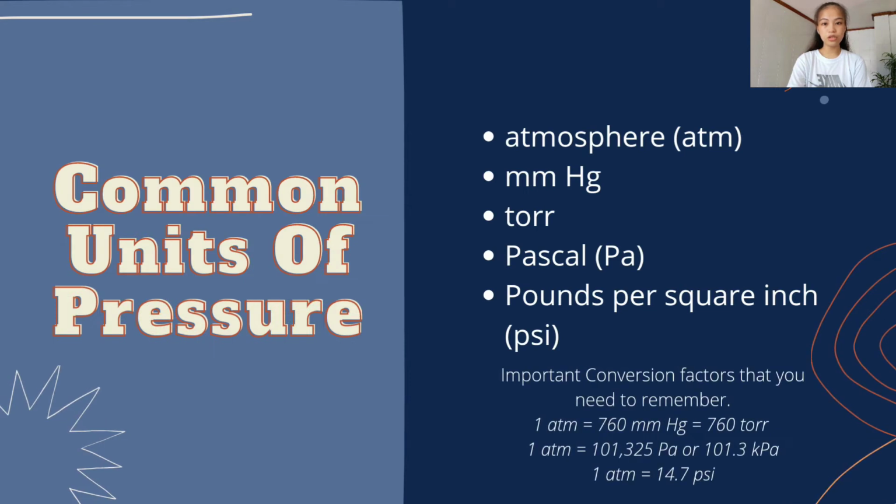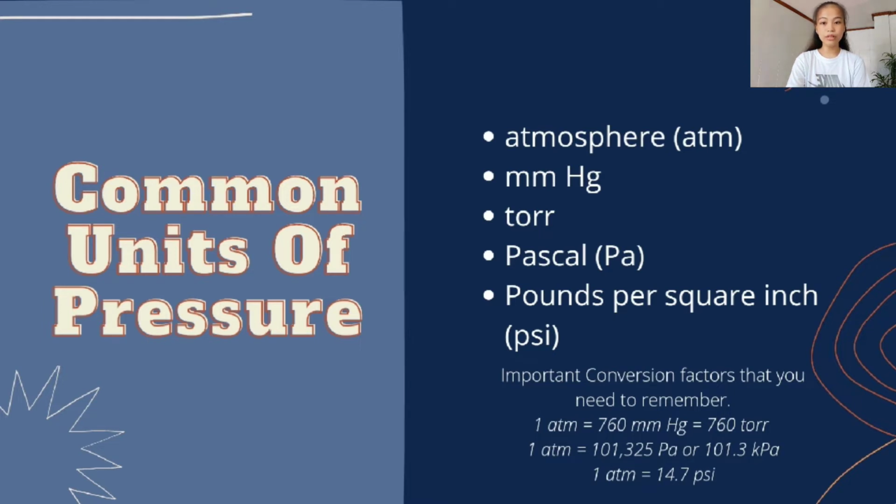Common units of pressure: atmosphere (atm), millimeter of mercury (mmHg), torr, Pascal (Pa), and pound per square inch (psi).